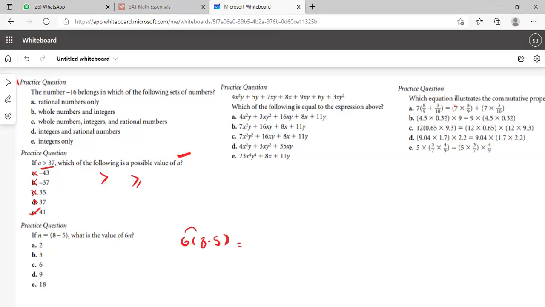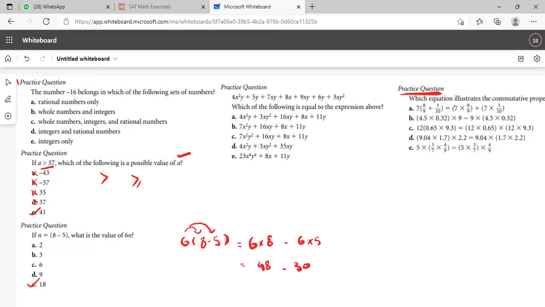You would multiply 6 with 8 first, and then 6 with 5, with the minus sign. Excellent. This is 48 minus 30. The answer is 18. Obviously, in the SAT they would never tell you to use the distributive law, but this next question will tell you why I asked you to do so.